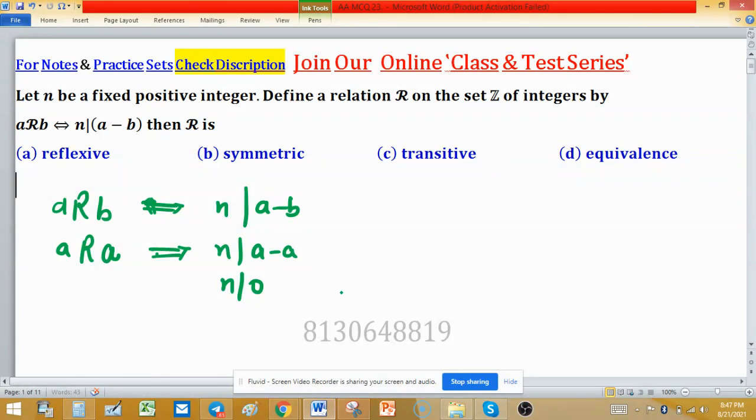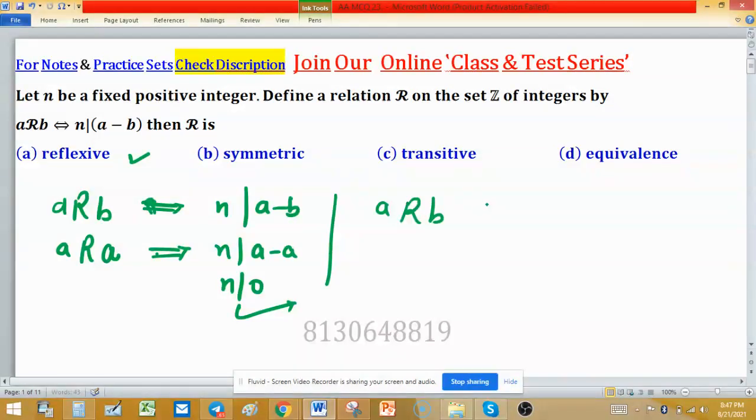That is the meaning of n being a fixed positive integer, otherwise divisibility makes no sense. So all elements satisfy this relation, related to itself. So the relation is reflexive. Second one is symmetric.